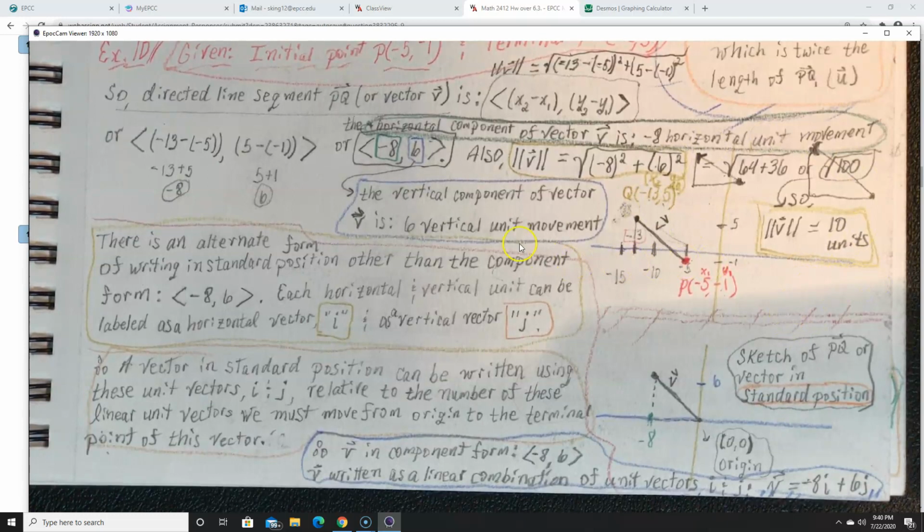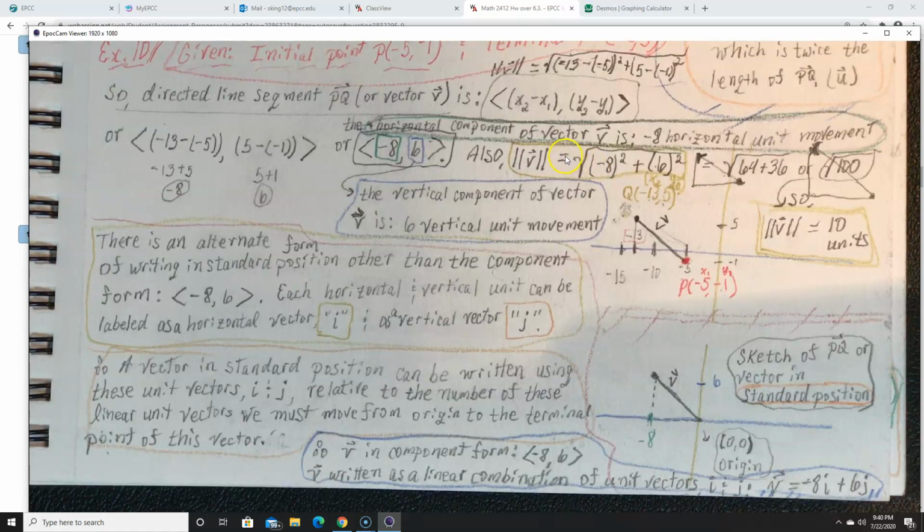So wherever you decide to start, who knows, 5,000 miles away somewhere, and then you draw the initial point, and then 8 units over and 6 units up. Well, now you have another directed line segment that has the same direction and the same magnitude as this one, and the same as this one, and the same as this one. So there's an infinite amount of those equivalent directed line segments.